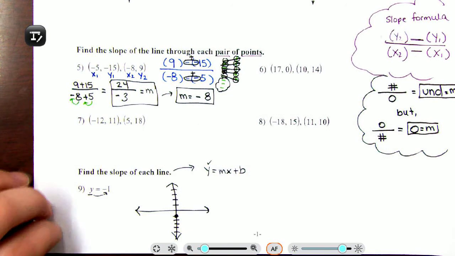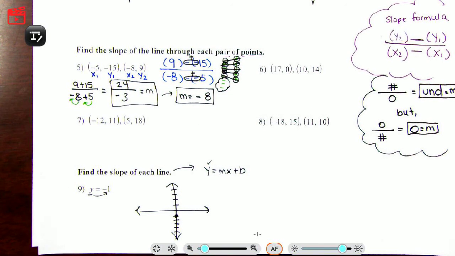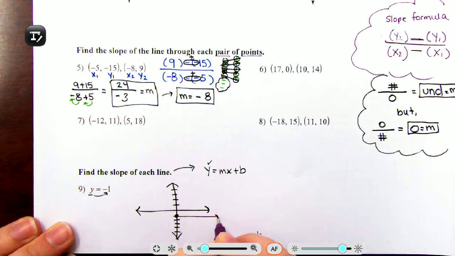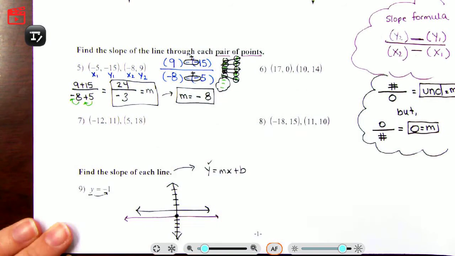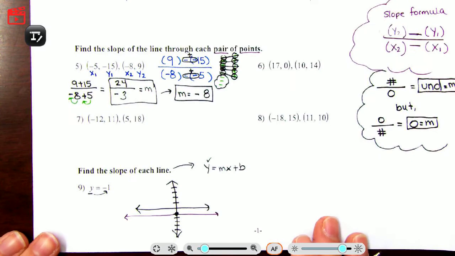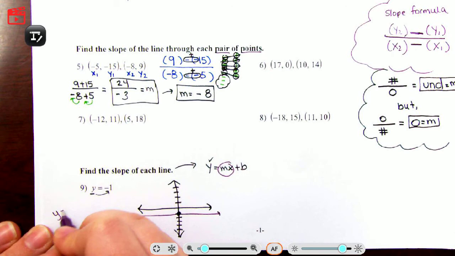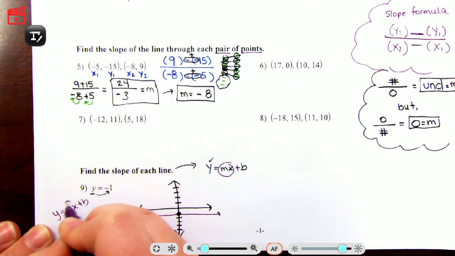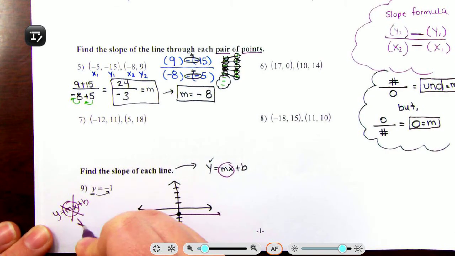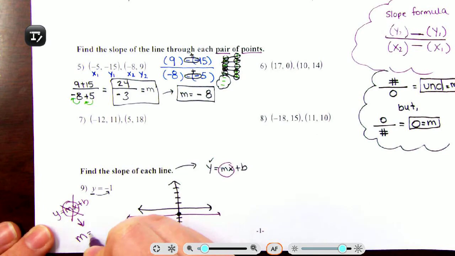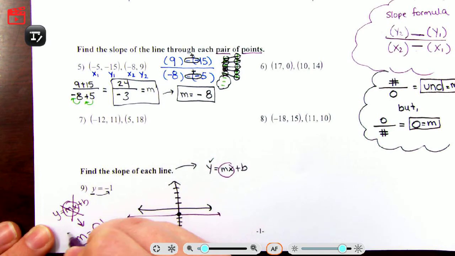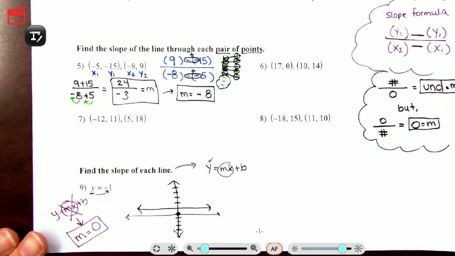And because we have no slope, we're going to have a horizontal line. Because the x term is gone in y equals mx plus b, your slope is 0. And again, a horizontal line will give you a slope of 0.